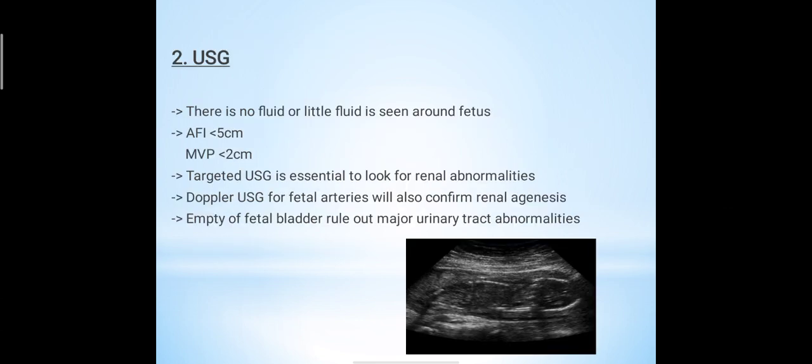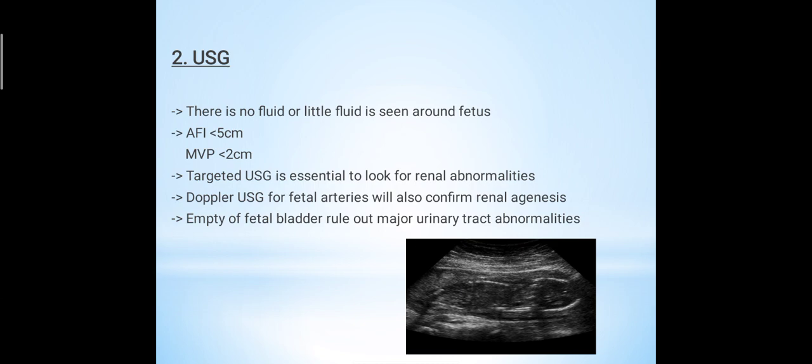Ultrasonography is diagnostic and very informative. It helps in many ways. On ultrasonography, no fluid or little fluid is seen around the fetus, and the amniotic fluid index is less than 5 centimeters, or the largest vertical pocket is less than 2 centimeters.